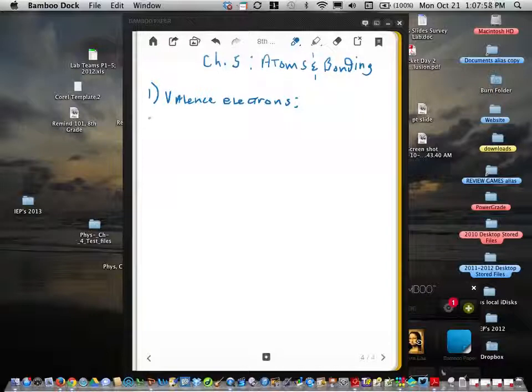Side by side with valence electrons is something called electron dot formulas or electron dot diagrams. And electron dot diagrams are super simple once you understand them. And basically it goes something like this. Let me just find my periodic table.